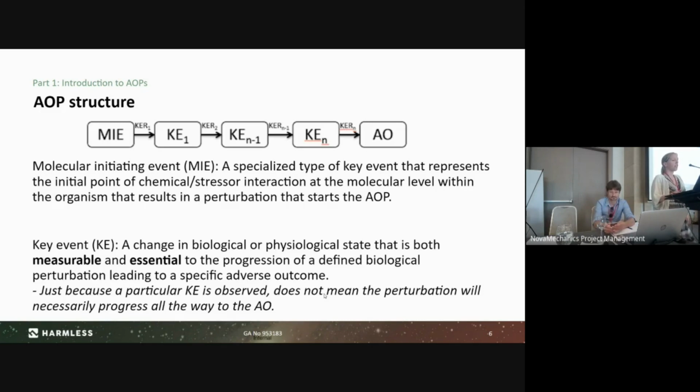And just because a particular KE is observed doesn't mean that the perturbation will go all the way to the adverse outcome, but they have to be present for the AOP to go all the way to the adverse outcome.